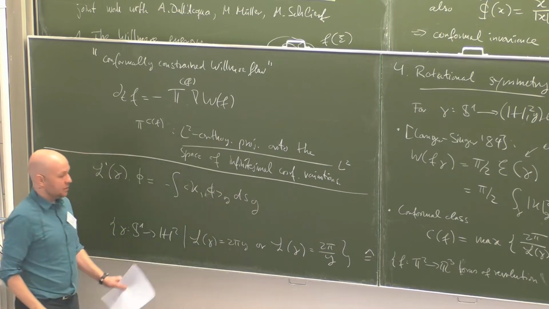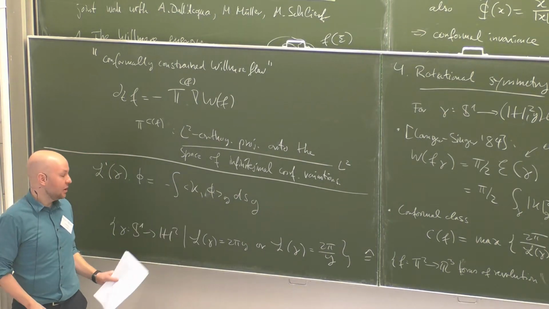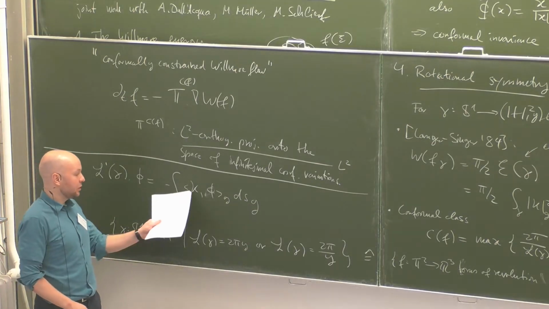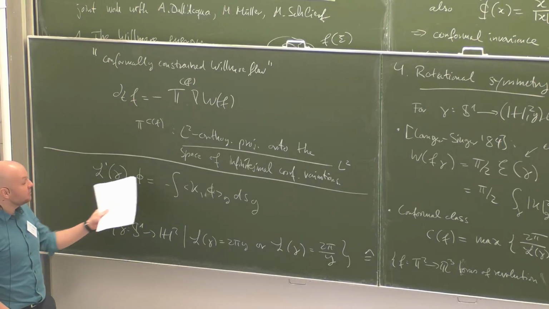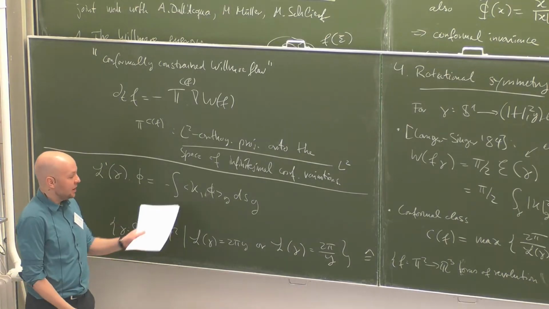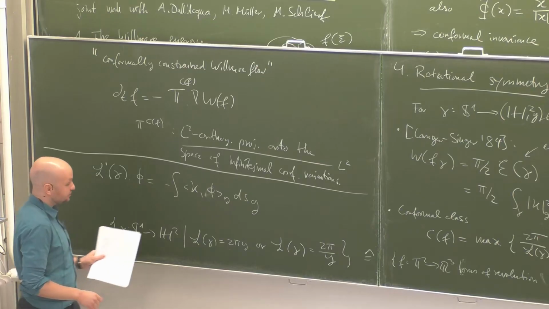If there was no g, this would just be the first variation formula we saw in Blau's talk for curves. So first variation of one-dimensional area, which is the length, is minus the curvature. Okay. In this case, we have the hyperbolic quantities.